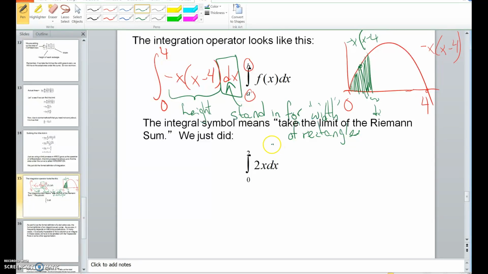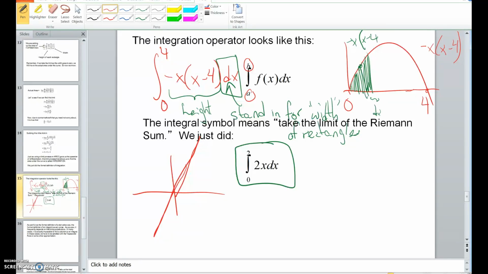So this operator that you see here, what it is asking me to do is take the function 2x and find the area underneath 2x in between 0 and 2. This is very easy to do. This is just a triangle. The base is 2, the height is 4.